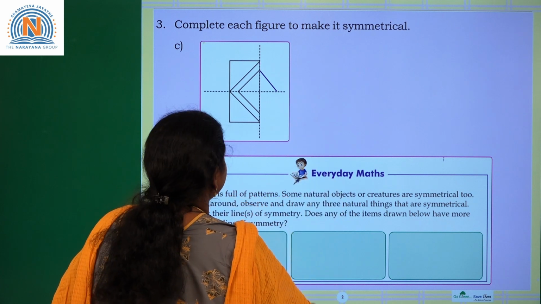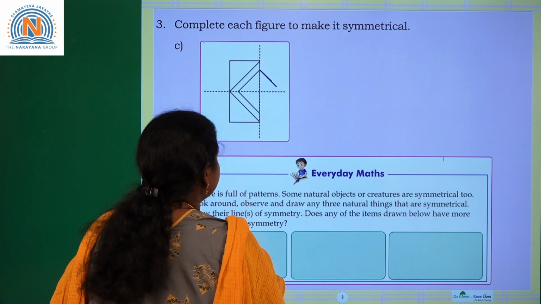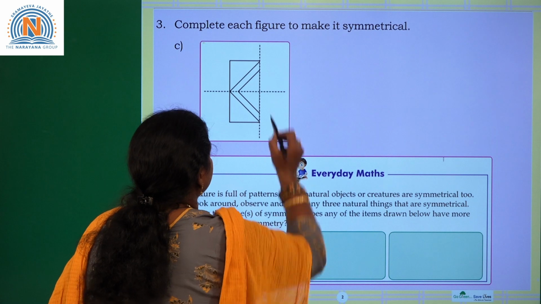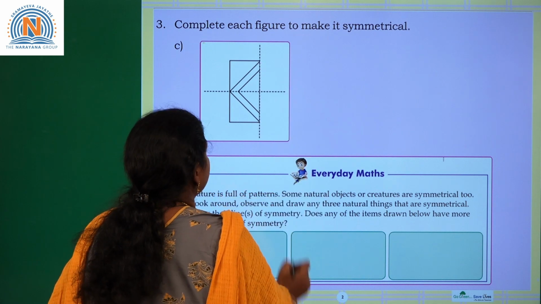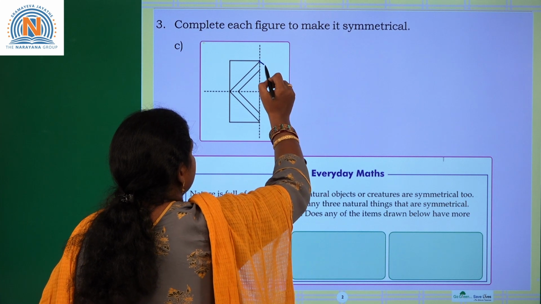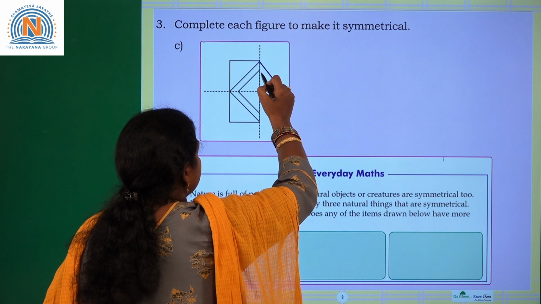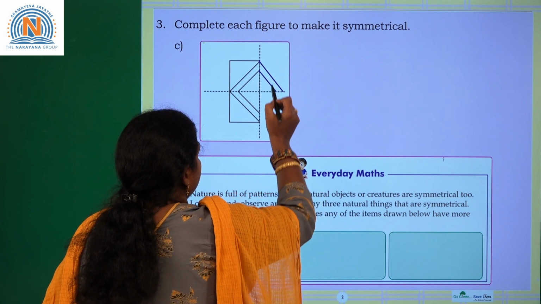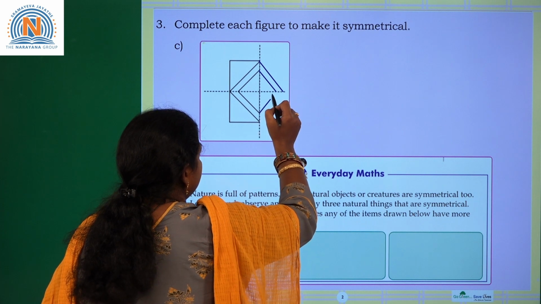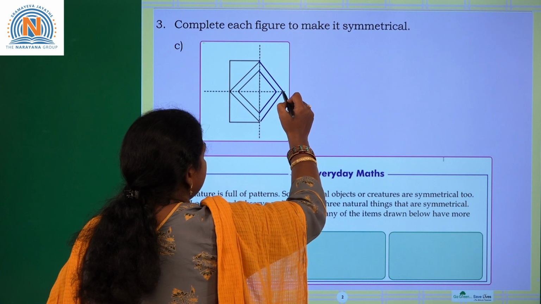No, this is not exact, right? Let's do it again. Okay, right. Now you take the inner one also. And again complete the bottom one, and here also you have to complete like this.